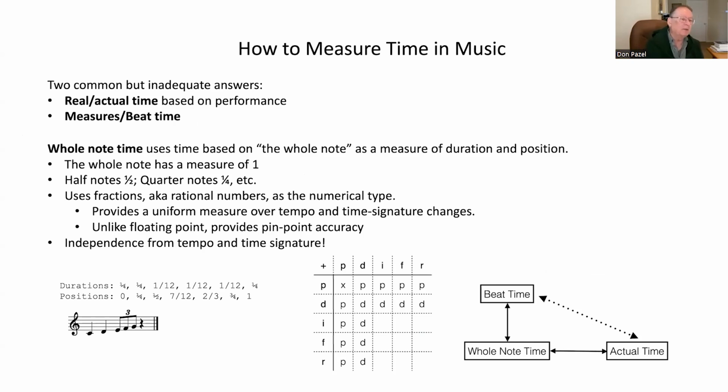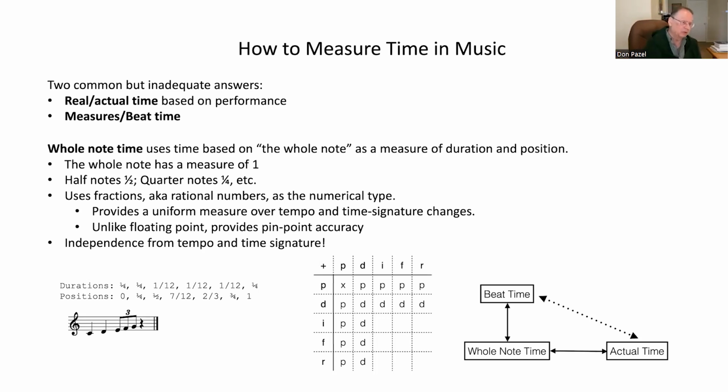Now, the two common things that you could do are base it on real or actual time. Well, that's not very good because performances can be varied in all sorts of ways. So you can't say, well, yeah, you play that C4 quarter note at 2 minutes and 36.5 seconds. No, that's not good.